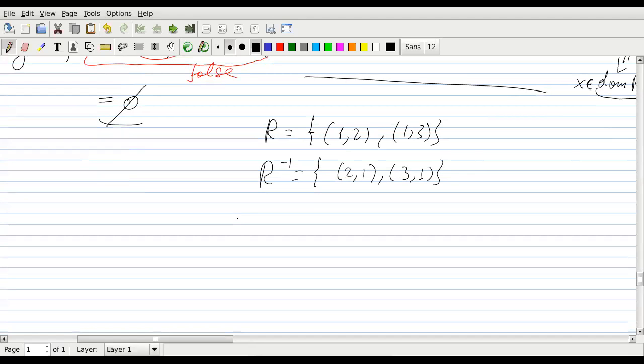А теперь как выглядит композиция? Ну да, там 2 в 3 получится. Смотрите, вот куда я могу попасть? Сначала по первому, потом по второму. Я могу, конечно, попасть из двойки обратно в двойку. Я сначала по этой паре пройду, потом по этой. То есть здесь есть ID. Но я могу попасть из двойки в единицу, а из единицы могу пойти в тройку, поэтому вот это тут тоже лежит. Из тройки я могу пойти в тройку.